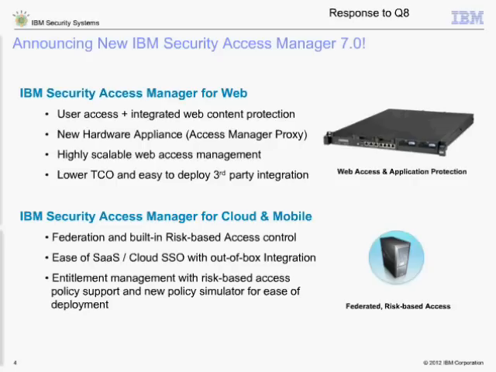The second key package, which is the IBM Security Access Manager for Cloud and Mobile, contains our federation and built-in risk-based access control capabilities. Risk-based access lets you figure out the risk score of a transaction that the user is executing based on a number of factors which could be static or could be dynamic in nature.